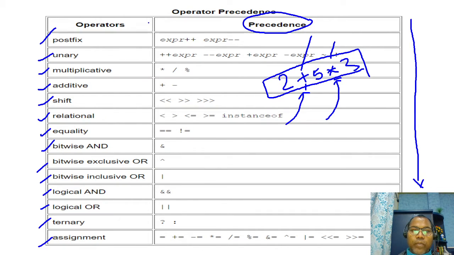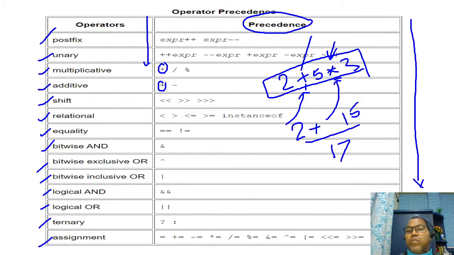If you look here, multiplication comes first in precedence, so first it will perform the multiplication, 5 multiply by 3, 15, and after that the next is the plus operator, then it applies 2 plus 15, which gives 17. So this is the meaning of the precedence order.